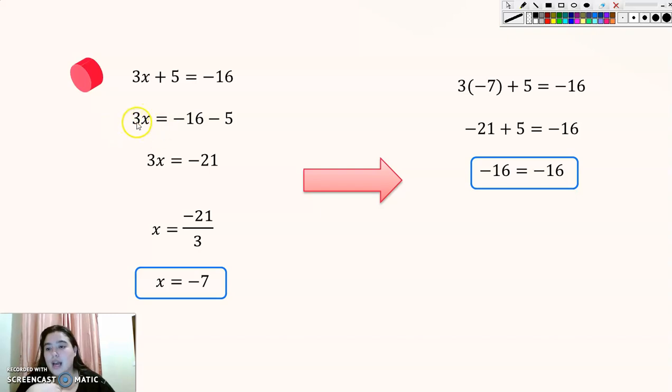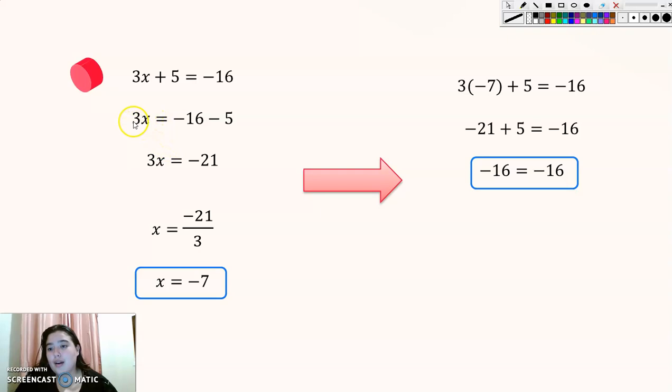So that's why I have 3x equals negative 16 minus 5. And why negative 5? Because I moved the number 5 to the other side of the equals. When we move a number with a sign, we have to change it because it's a rule.